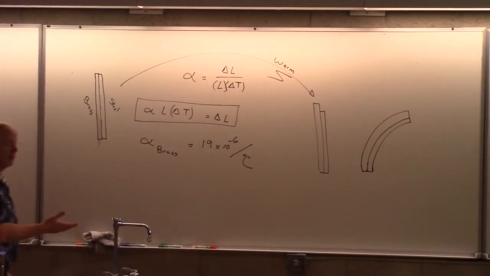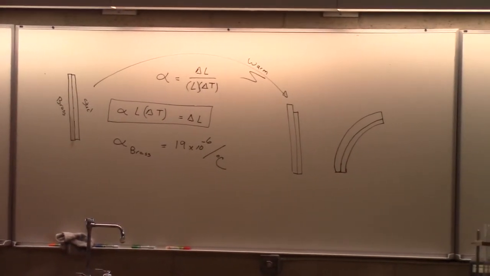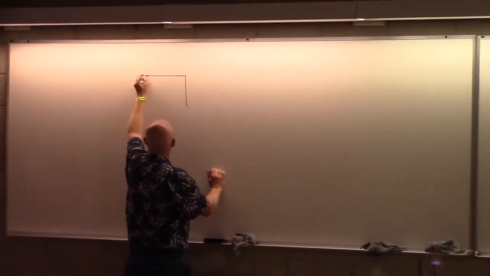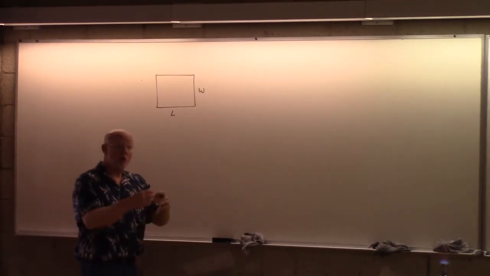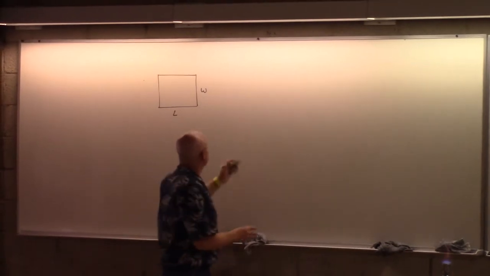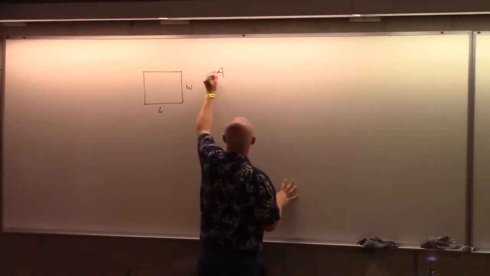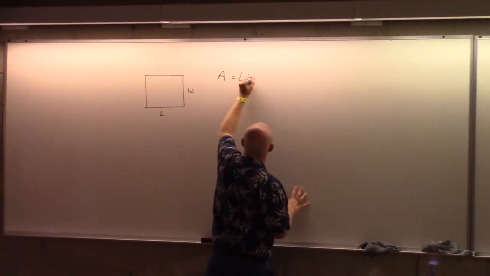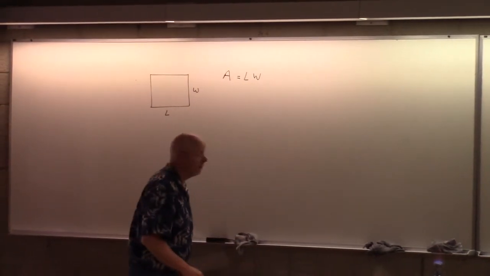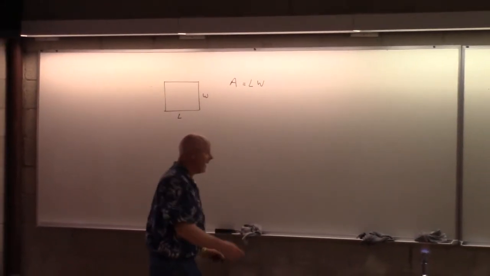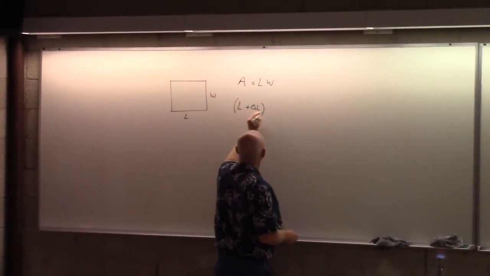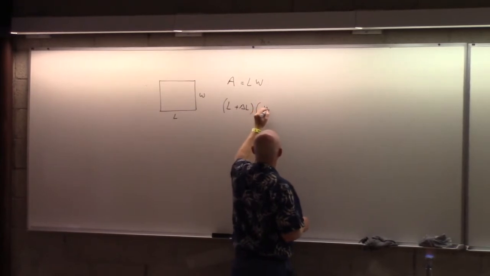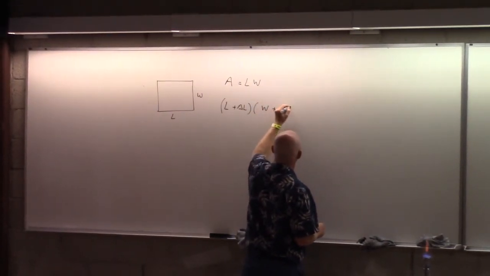Your author says, look at this for a moment. If you have a surface area that maybe has a length and a width, and then you warm it up, so I will just say your starting area is length times width. But if you warm it up, it is now going to be L plus delta L, and it's now going to be width plus delta width.